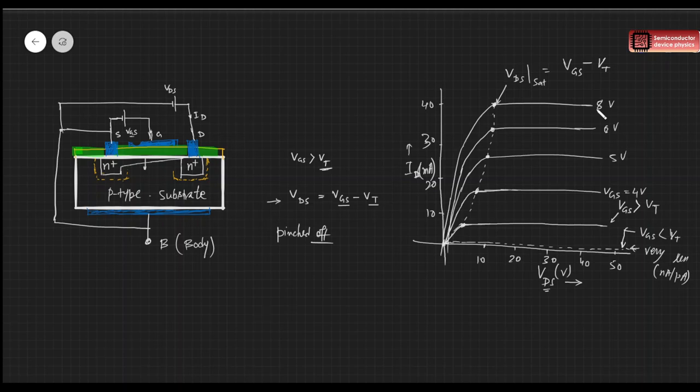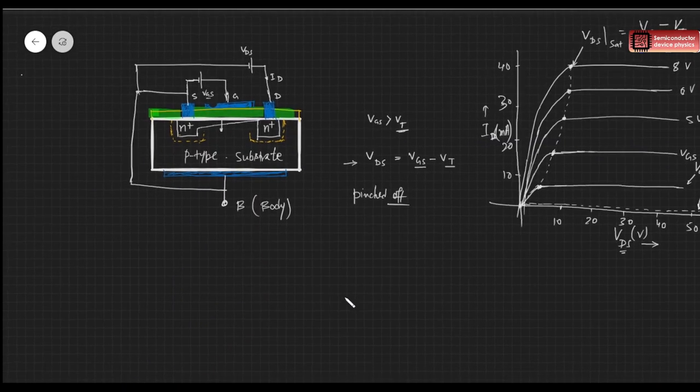Now, in this condition, if you see mathematically how this current relates, let me just tell you that formula, and before that, this width W, or the depletion width, the channel width, this W is proportional to VGS minus VT, that voltage, right?